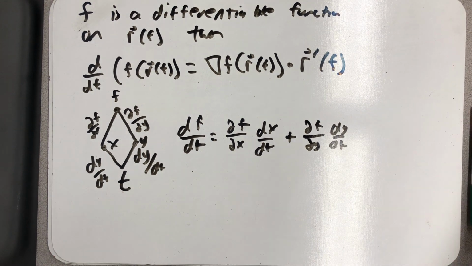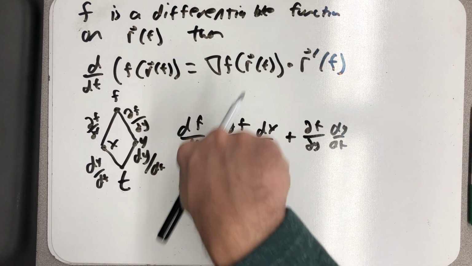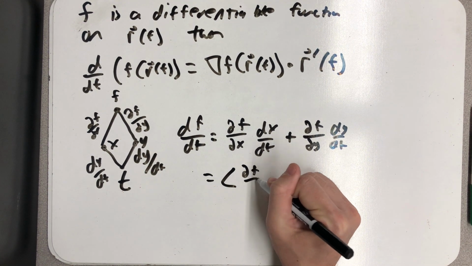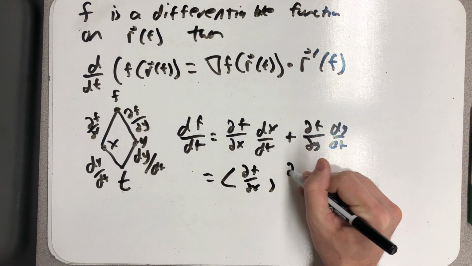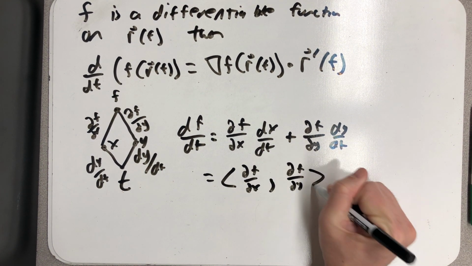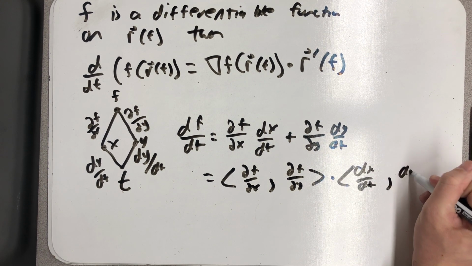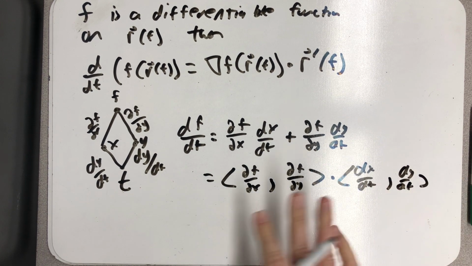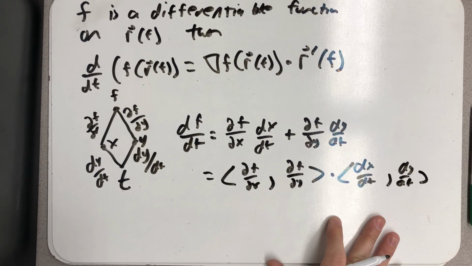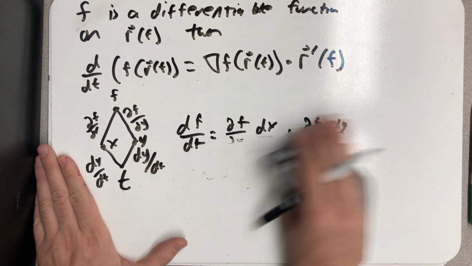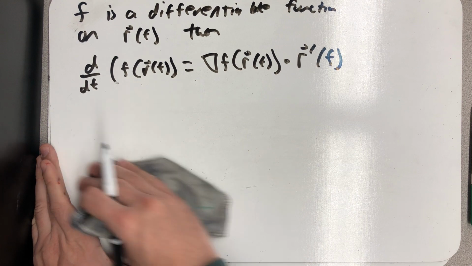And if there were more variables, I just have more of these dependency branches, and this is a dot product. Partial of f with respect to x, comma partial of f with respect to y, dot dx dt, dy dt. And what I have here is del f dot r prime of t. And so that relationship is going to come up here in the proof for the fundamental theorem of line integrals.